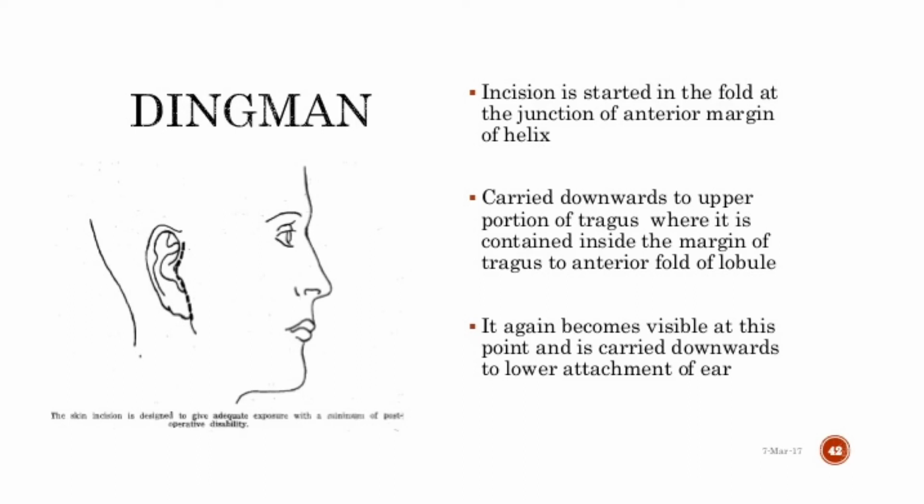The incision details of Dingman's modification include that the incision is started in the fold at the junction of the anterior margin of the helix, carried downwards to the upper portion of the tragus, where it is contained inside the margin of the tragus to the anterior fold of the lobule. It again becomes visible at this point and is carried downwards to the lower attachment of the ear.